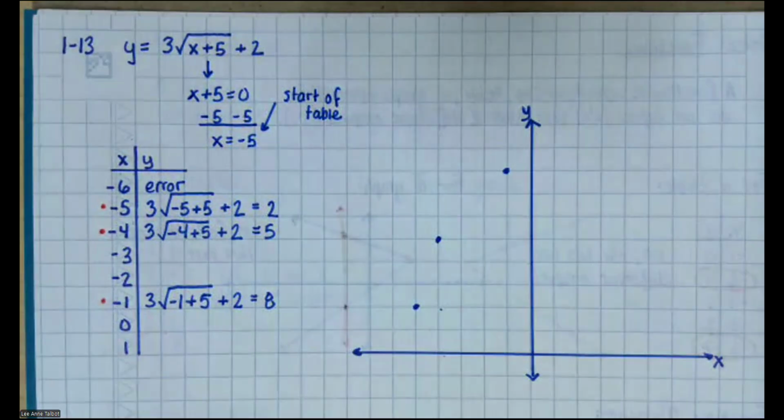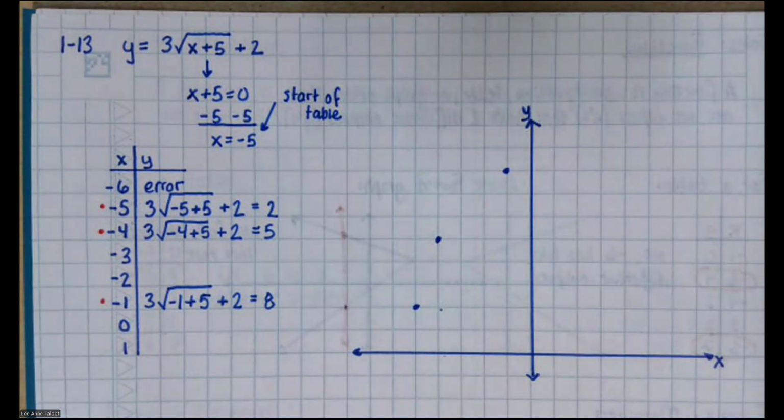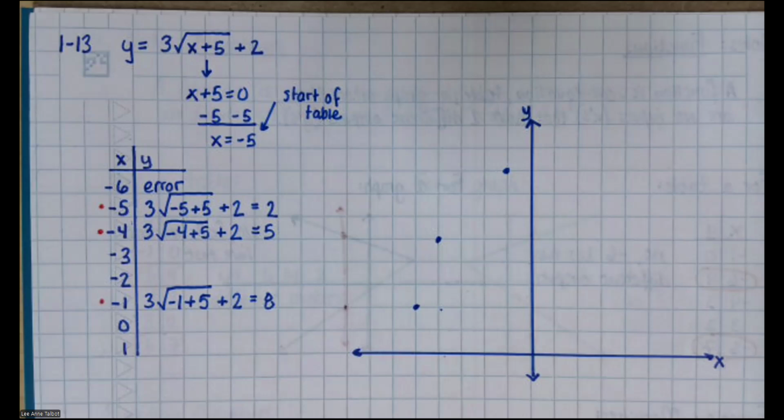That will give you the start of your table of the ones that actually work. I'm telling you that now because when I give you your function to do, I don't have the X's listed. So you guys are going to do that bit of math to figure out where you should start your table. Does that make sense?